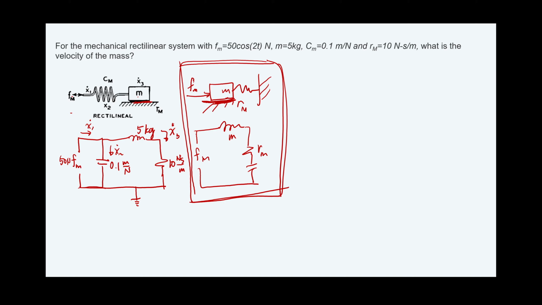The spring can compress, so meaning x1 dot and x3 dot are not the same, because if you apply a force with a certain velocity, because of the compression of the spring, it changes the velocity, and x3 is not anymore equal to x1.